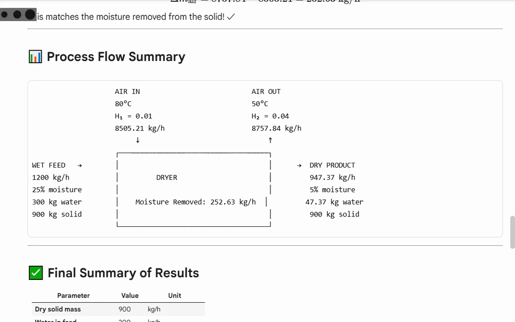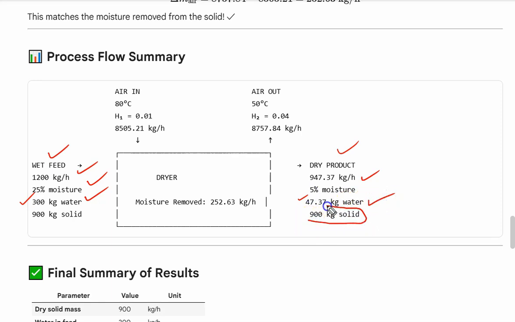So from here, the wet feed is 1200 kg per hour, 25% moisture. From there we can easily calculate 300 kg water and 900 kg solid per hour. And in the dry product, we got 947.37 kg per hour, 5% moisture. From there we can easily calculate 47.37 kg water and 900 kg of solid.